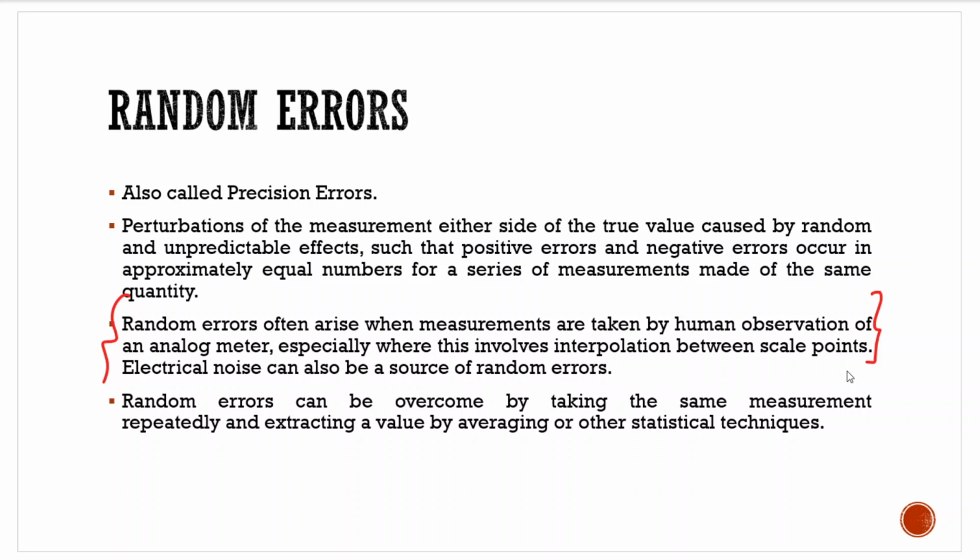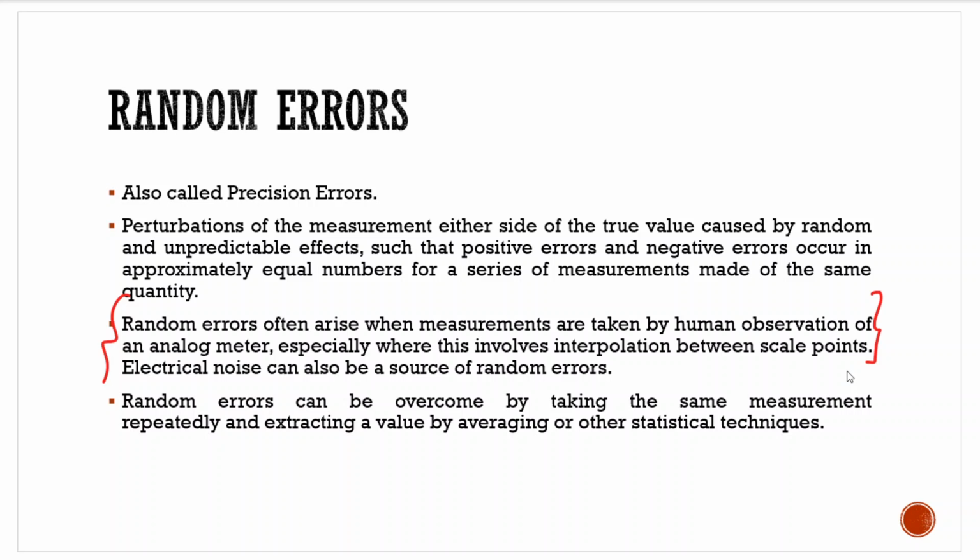So how to overcome the random errors is by taking a number of measurement readings repeatedly and extracting a value by the average of those readings. As I said to you, the error here will be both positive as well as negative, and there's an equal chance of getting both positive value of error as well as negative value of error.